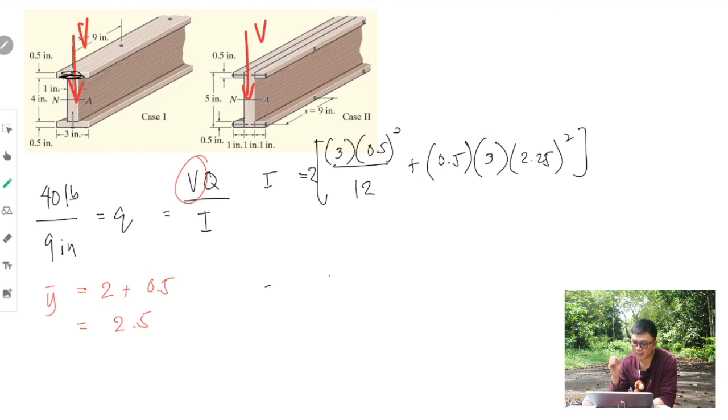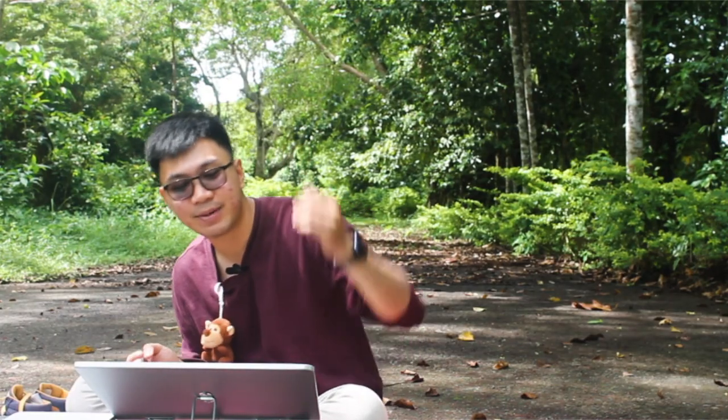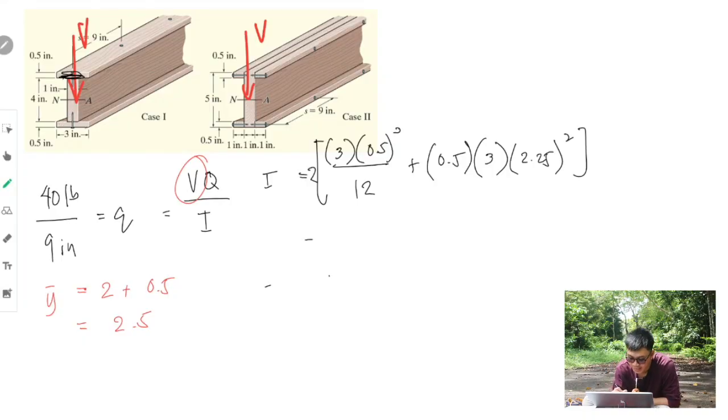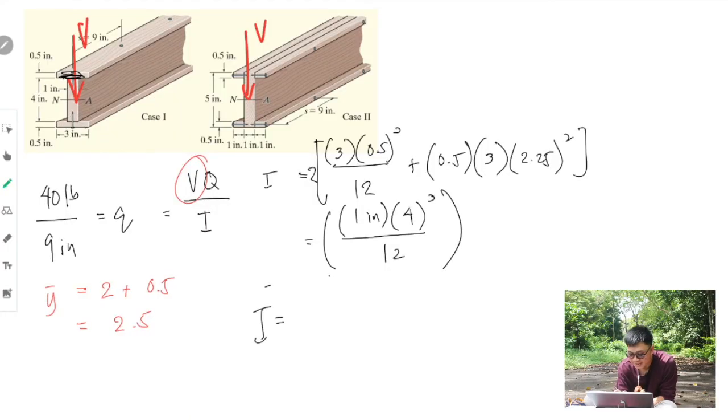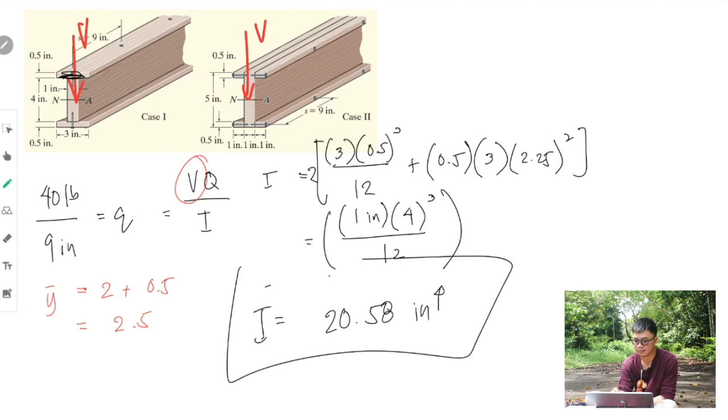And we multiply it by 2 because they are symmetric, for the bottom and for the top. And the other one is base of 1 inch, height of 4 inches, cubed over 12. We don't have to use the parallel axis theorem because the center of this one is located at the neutral axis. Therefore, your I is equal to 20.58 inches to the 4th power. Not yet a final answer, so no box yet.